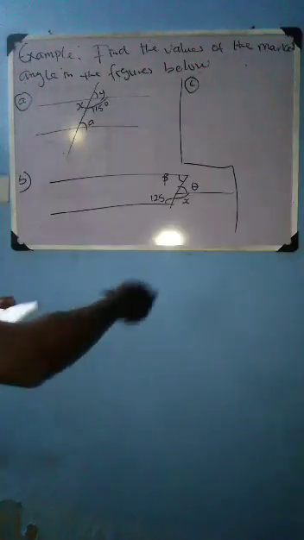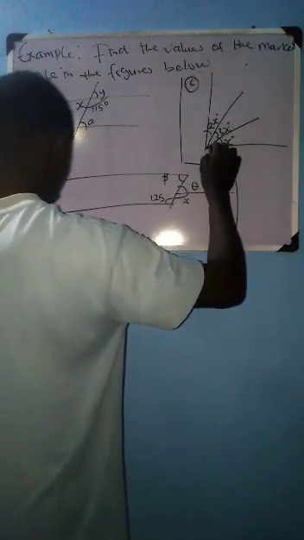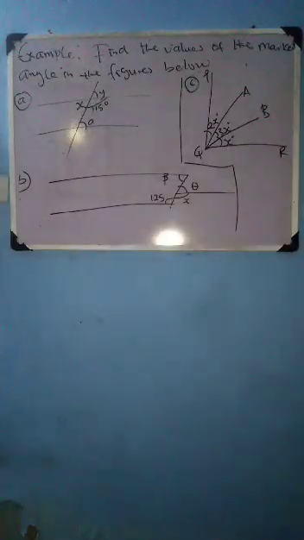We have X, 3x, and x degree. We have Q, P, A, B, R. Take it down.